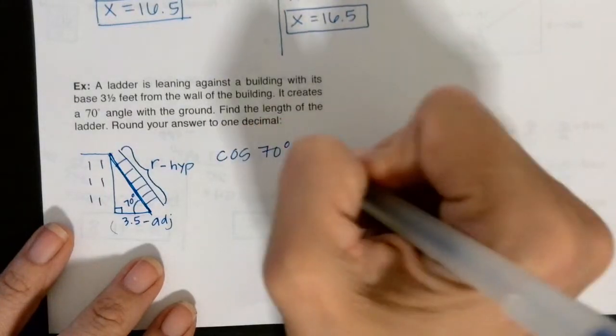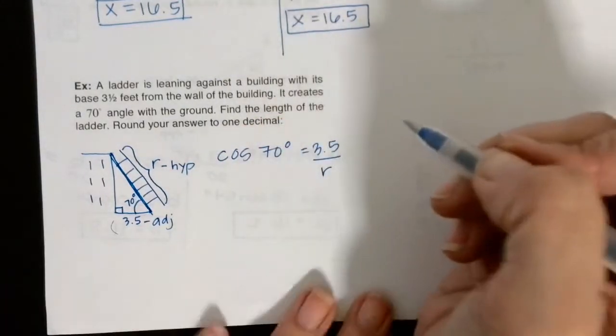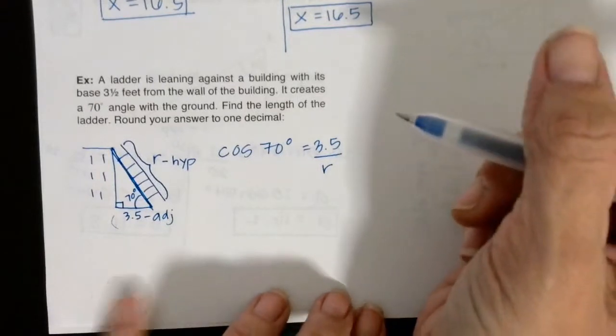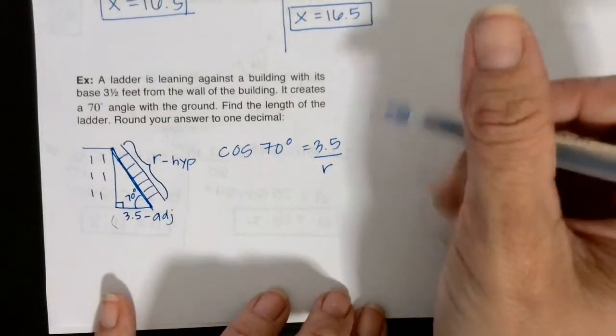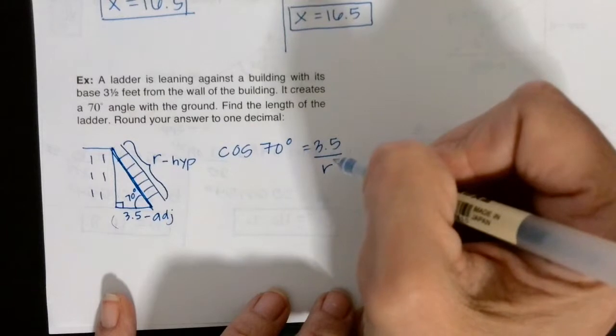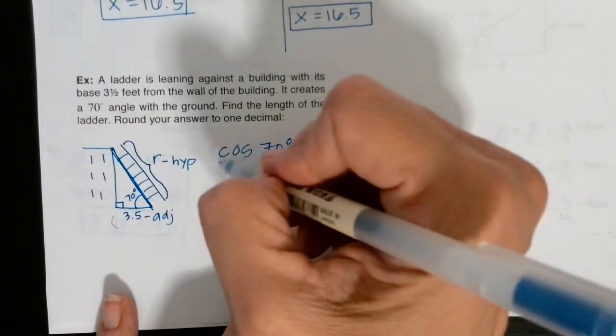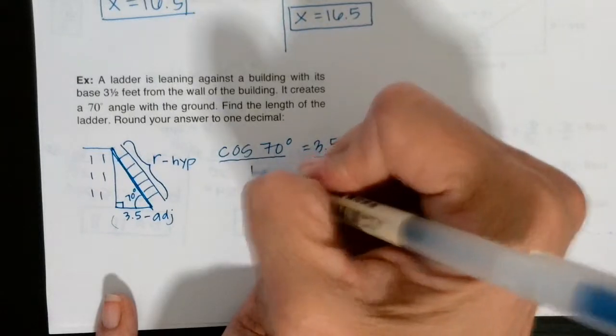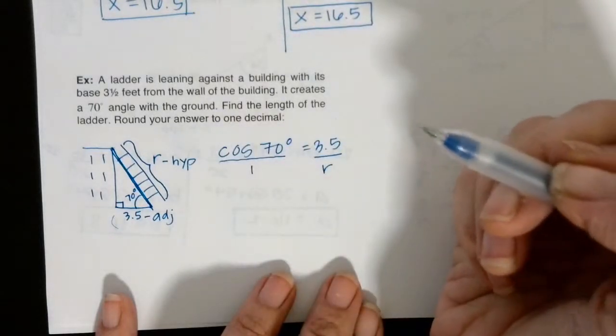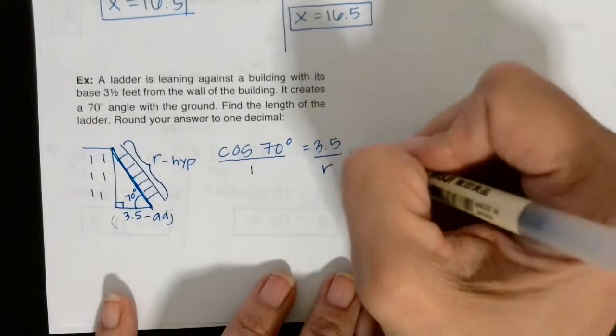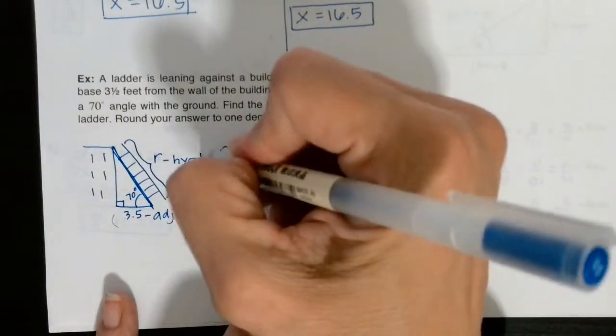And now things just got a little bit more different. So what this is, we have the r down in the denominator. So what we're going to do is put this over 1, and then multiply both sides by r.